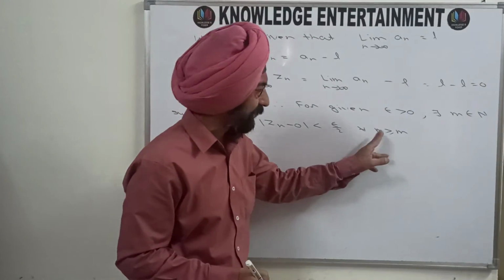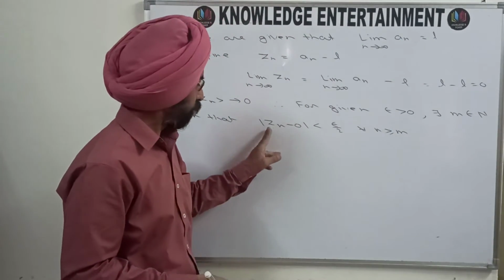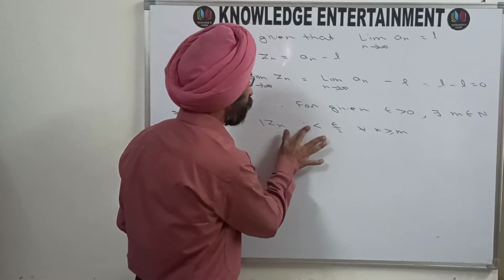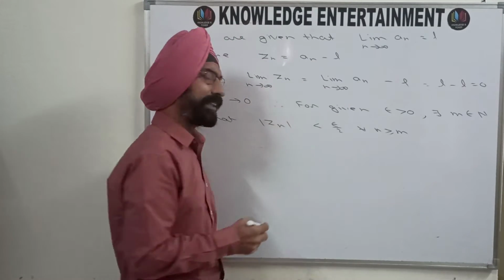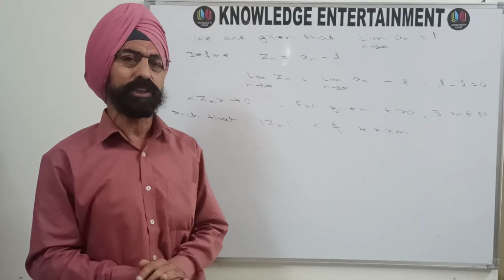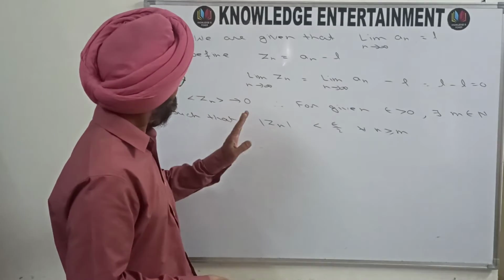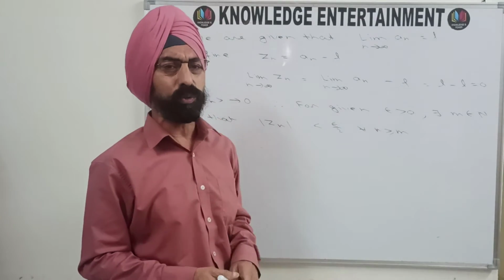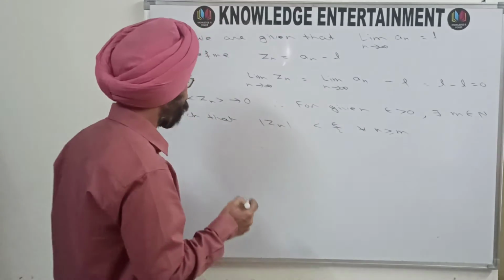Or you can simply say that mod of Zn is less than epsilon by 2, because Zn minus 0 is same as Zn, for every n greater than or equal to m.